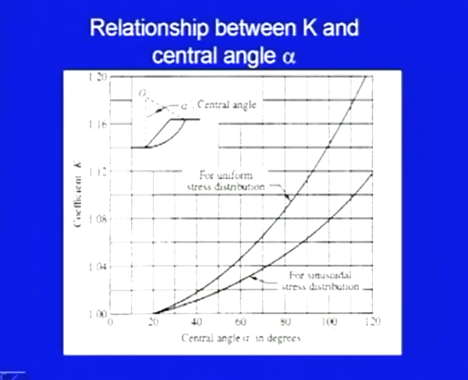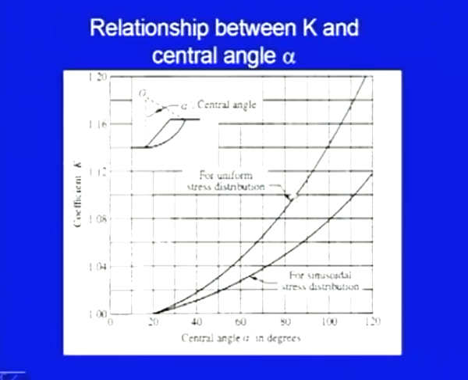So, on the x axis you have angle alpha, on the y axis you have coefficient k, and you can see there are two curves, one for uniform stress distribution and the second for sinusoidal stress distribution. So, it depends on what kind of stress distribution has been assumed.